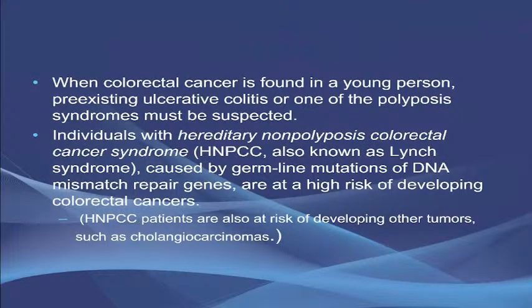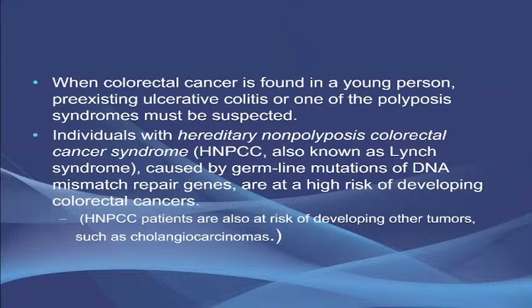When colorectal cancer is found in a young person, like in their 20s or teens, then there must be a pre-existing condition, such as ulcerative colitis, or one of the polyposis syndromes should be suspected.